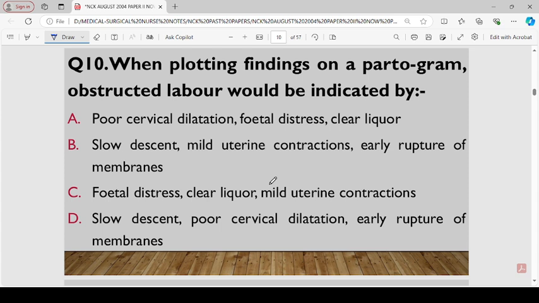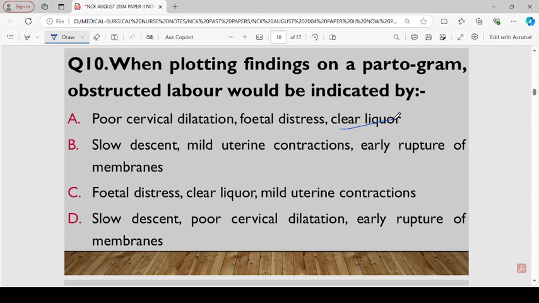When plotting findings on a pathograph, obstructed labor will be indicated by what? Let's look at the options that we have. Poor cervical dilatation, fetal distress, and clear liquor. We agree with the first two. Clear liquor may not be an indication of obstructed labor, right?